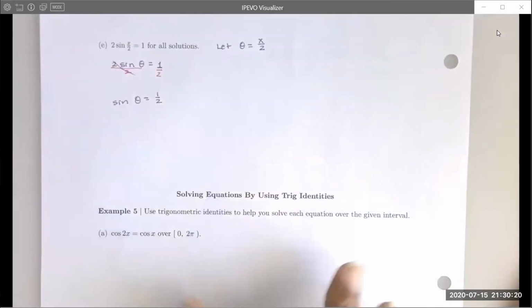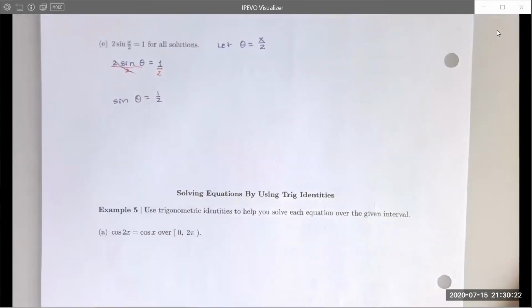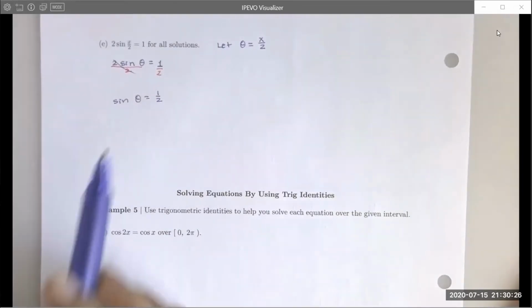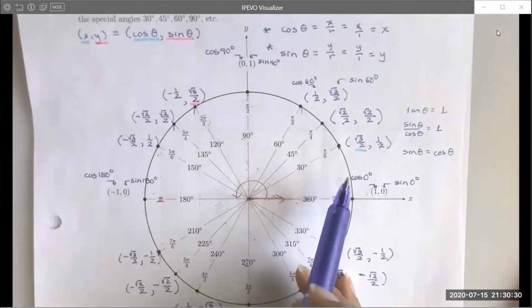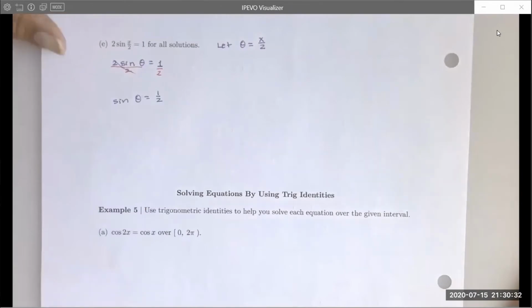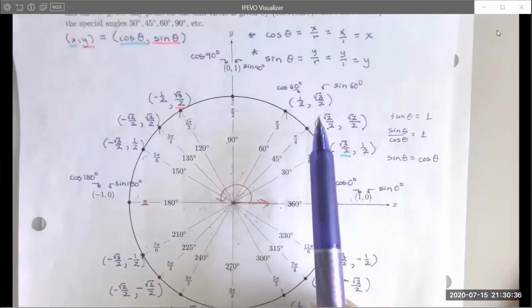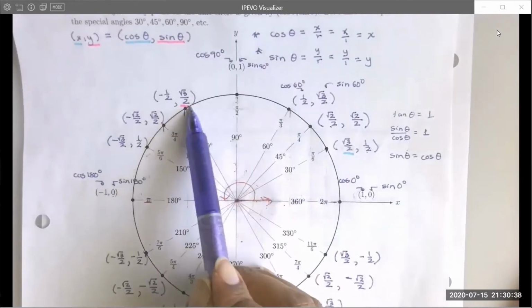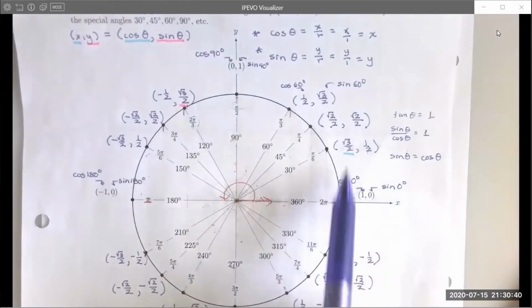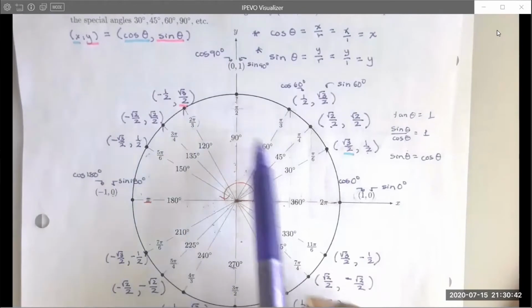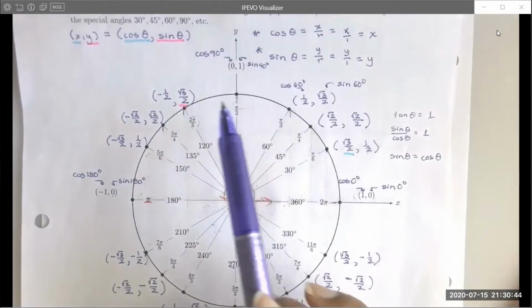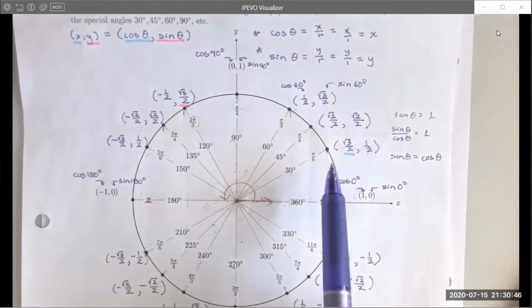Now I need to look on the unit circle first. What are all the angle values for which sine theta is 1/2? They don't tell us whether they want this in radians or degrees. Let's work with degrees for now. Sine is positive in quadrants 1 and 2, so I'm going to look for quadrants 1 and 2 where my y coordinate is a positive 1/2.